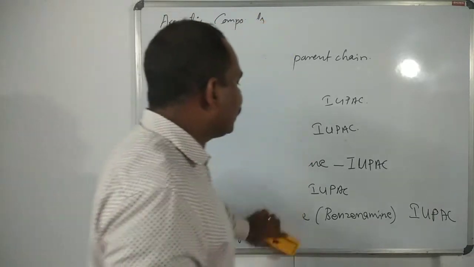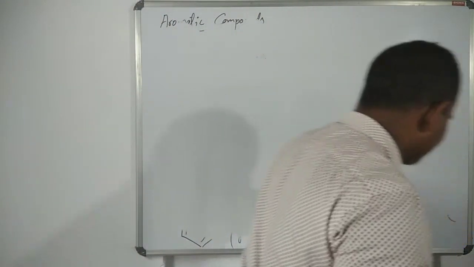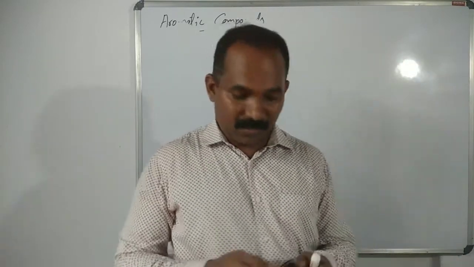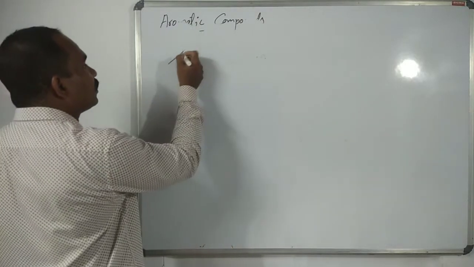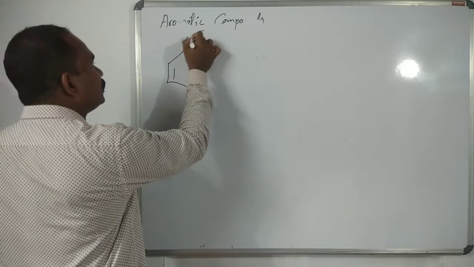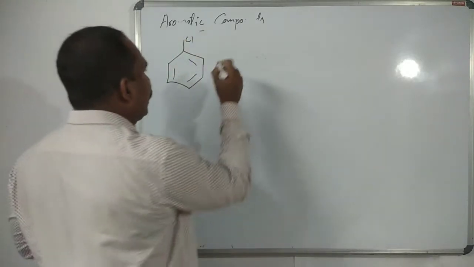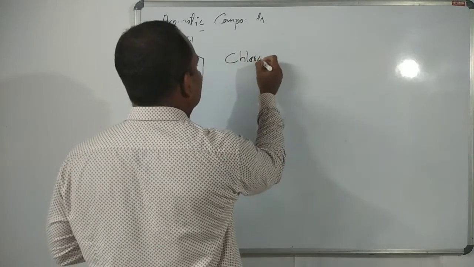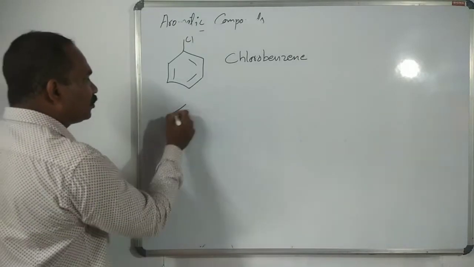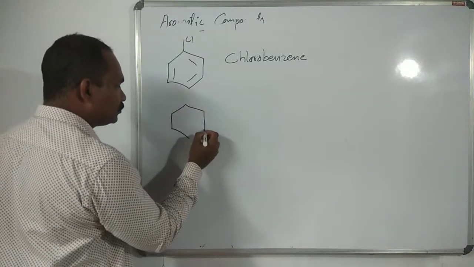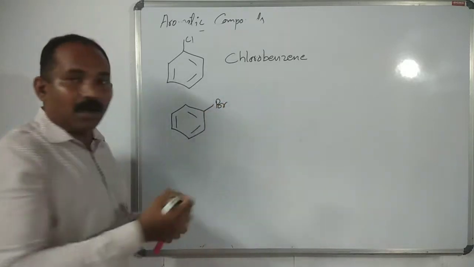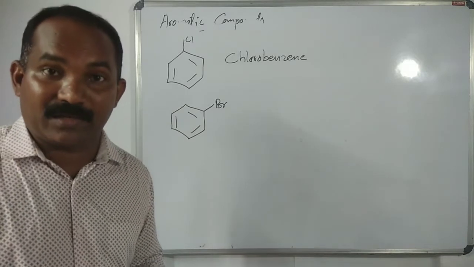Another, halogens and nitro groups are present. Cl: it's chlorobenzene. When a bromine group comes, all the 6 carbon atoms are identical.